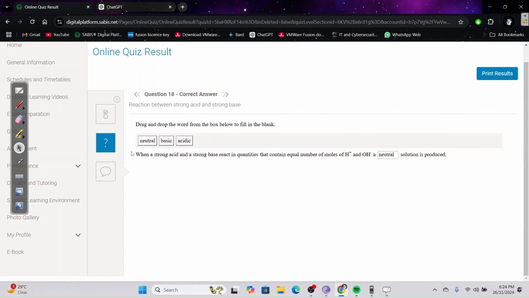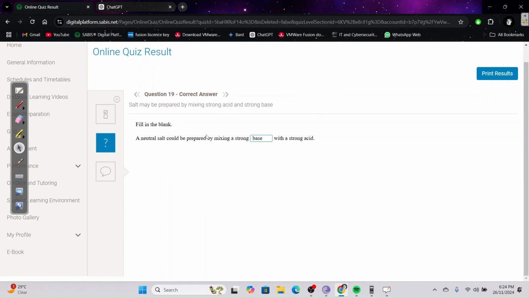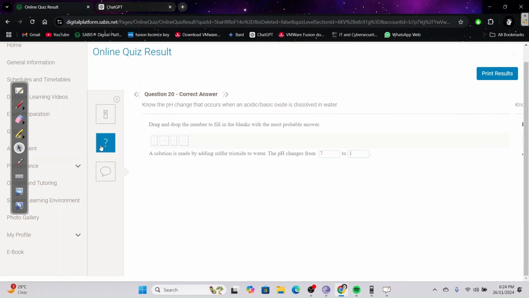Anyways, when a strong acid and a strong base react in quantities that contain equal numbers of moles of H+ and OH-, a neutral solution is produced. Obviously, because if they're equal moles of acid or hydrogen and equal moles of base or hydroxide, they're going to neutralize. A neutral salt can be prepared by mixing a strong base with a strong acid. Again, neutralization reactions form neutral salts.